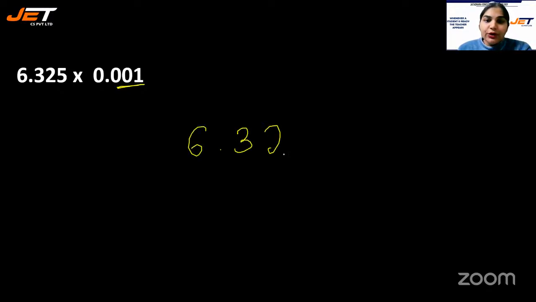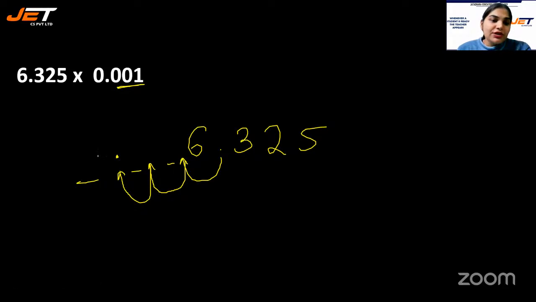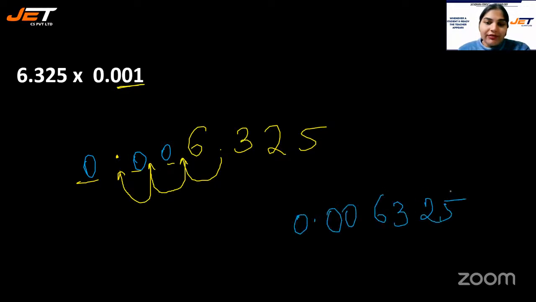So 6.325, I'll shift it three places to the left. 1, 2, 3. Putting a decimal here. Now in the blank spaces, you just have to put 0. So now it is 0.00632.